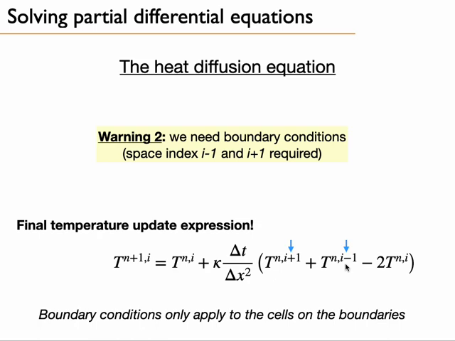If you're sitting on the left side, it's difficult to go out to the left. So we need to apply a boundary condition. Same if you're on the right side. If you have no neighbor on the right side and you are asked to access information from the neighbor to the right side, you need to do something specific, which is applying a boundary condition.